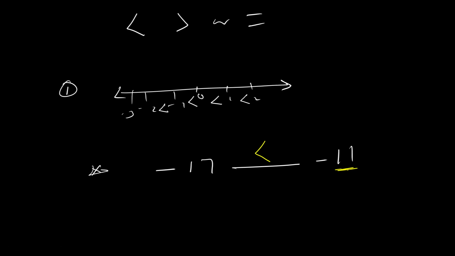All right, so let's look at the next example. Minus 40 and 1. Which one is bigger? This one is pretty simple because this one is positive and this one is negative, so we are talking about the positive one here. Last example.